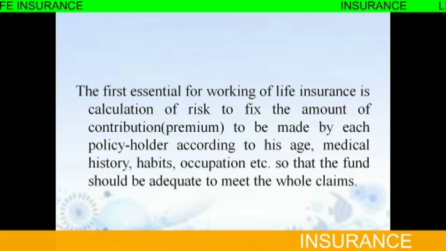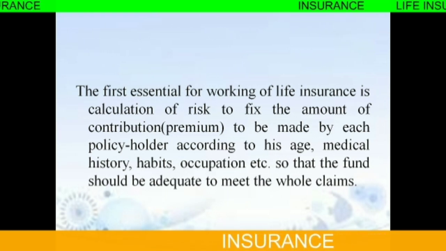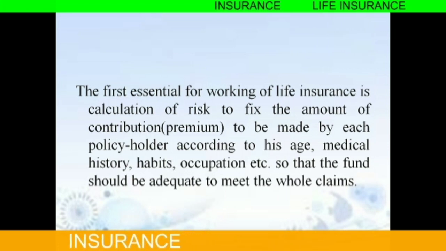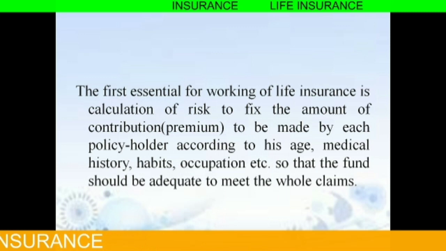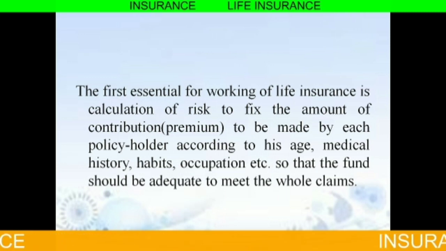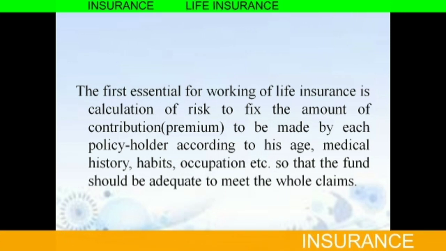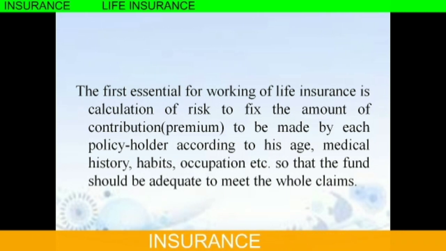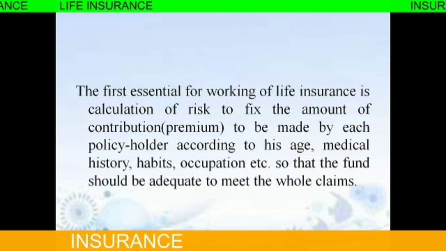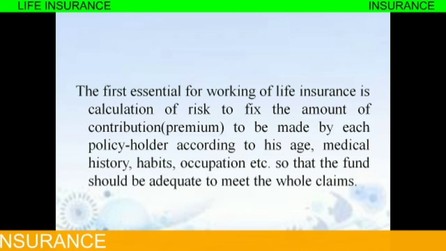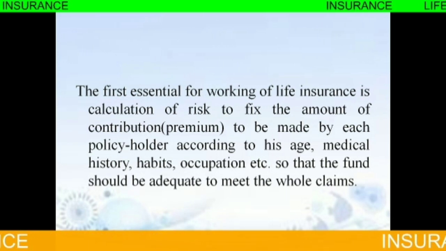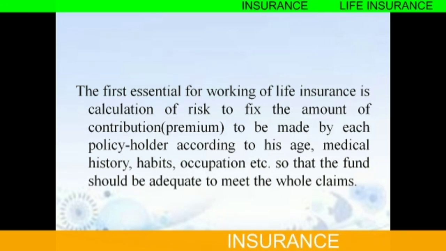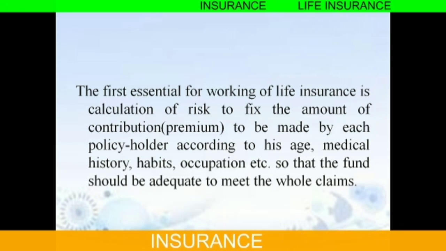The first essential for the working of life insurance is calculation of risk to fix the amount of contribution, that is called premium, to be made by each policy holder according to certain parameters like age, medical history, habits, occupation, etc., so that the fund should be adequate to meet all the claims.